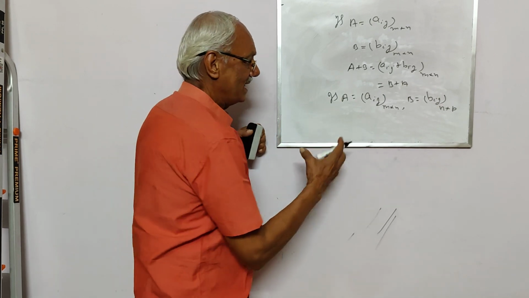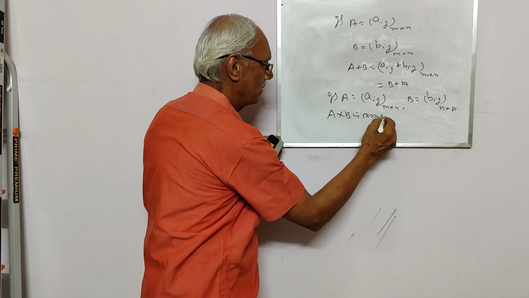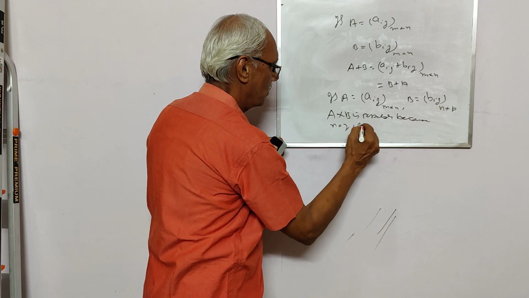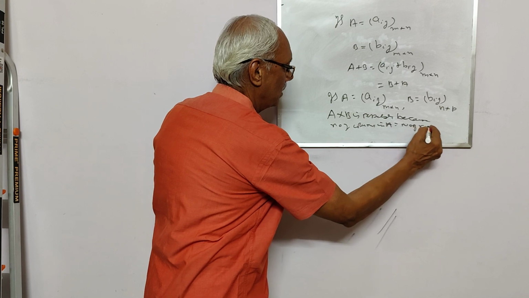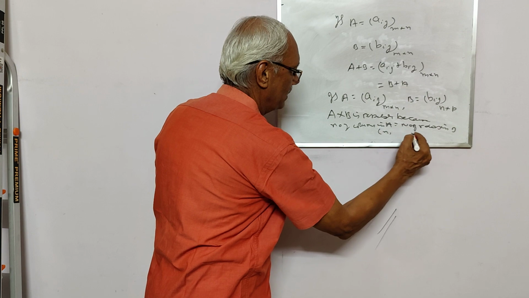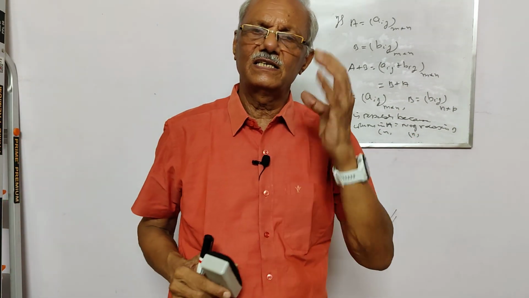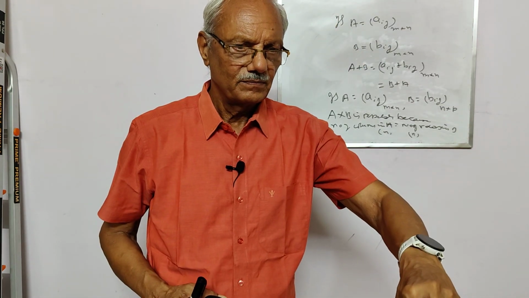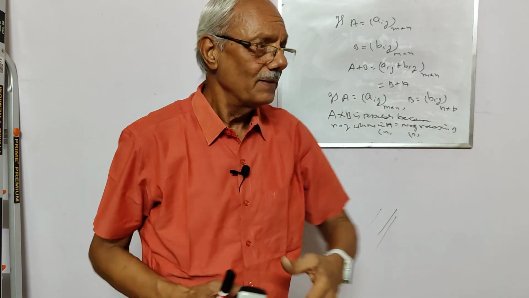That is, A into B is possible because the number of columns in A is equal to the number of rows in B. Here it is N, and here also N. So multiplication of two matrices is possible only when the number of columns in the first matrix is equal to the number of rows in the second matrix.